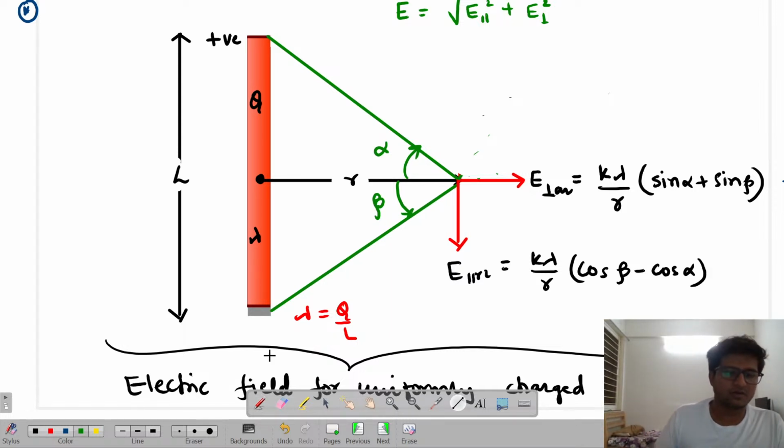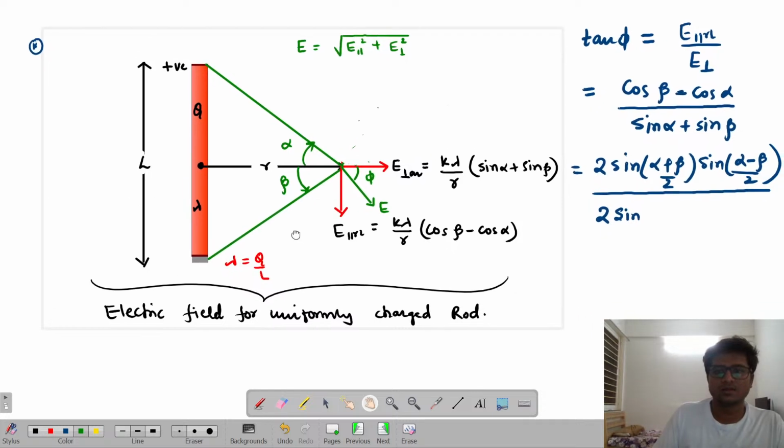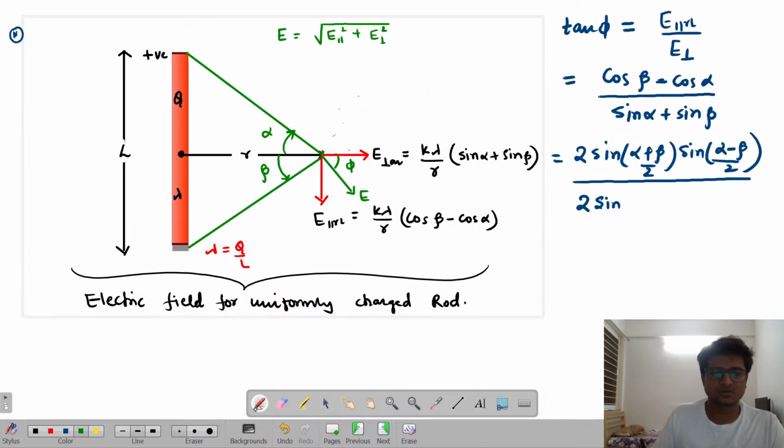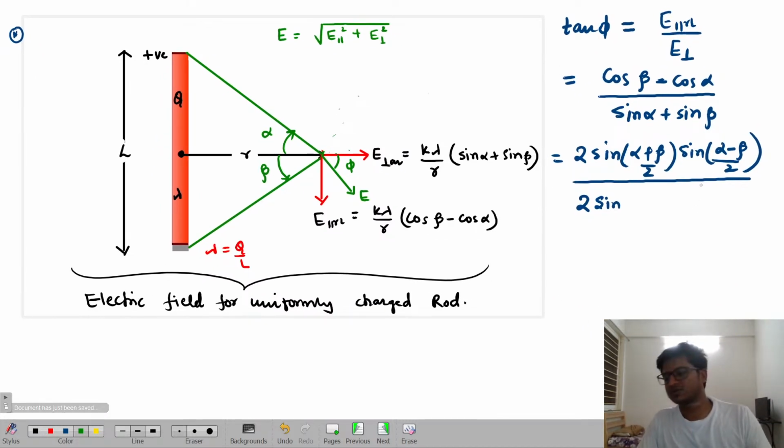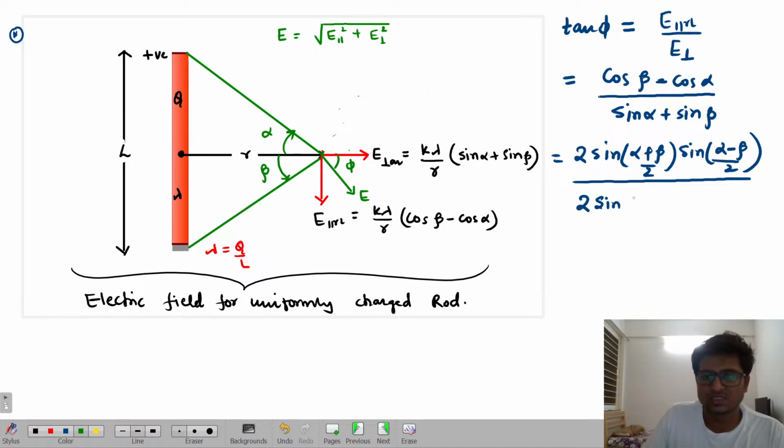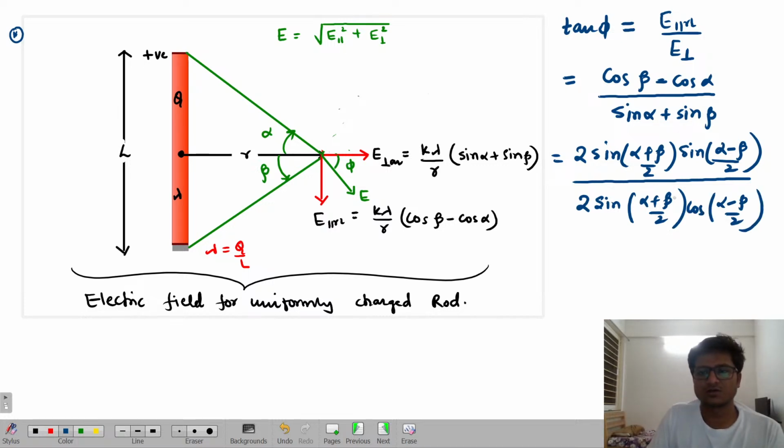And then our net electric field will be in this direction. This is my E resultant, which makes some angle phi with our base. So now look over here. This is 2 sine alpha plus beta by 2 sine alpha minus beta by 2, and this is 2 sine alpha plus beta by 2 cos alpha minus beta by 2. So look carefully, this will cancel. What will remain? The 2 also cancels.